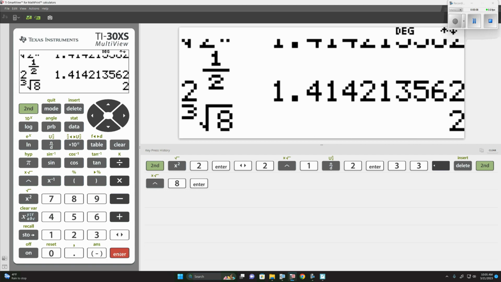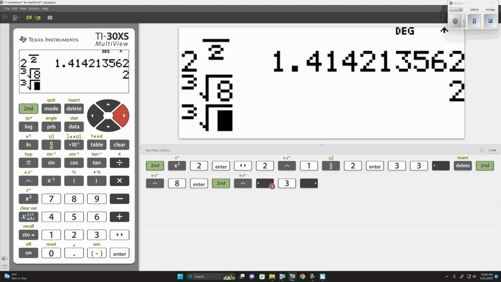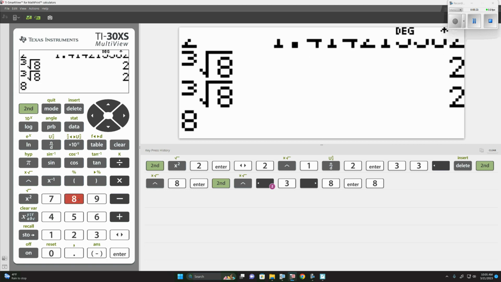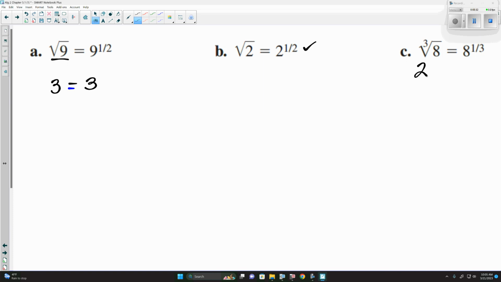Now we could have used the nth root function, but we have to change it from a and s to 3, with 8 on the inside, and we get 2. The cubed root of 8 is 2. Now if we say 8 to the 1/3 power, we get 2 as well. So these are both 2. They are the exact same answer.